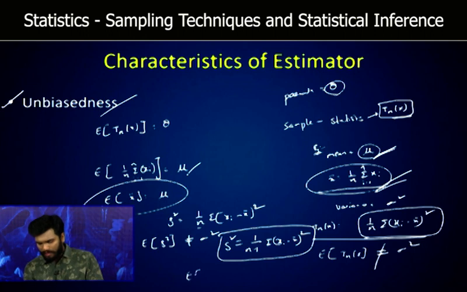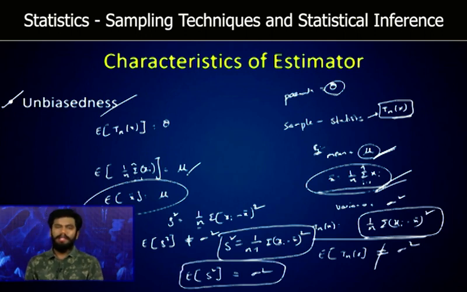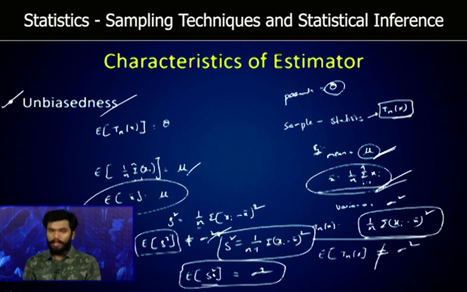Now this capital S square is an unbiased estimator for the population variance. Remember, the expectation of small s square is not an unbiased estimator for the population variance, whereas expectation of this capital S square is an unbiased estimator for the population variance.